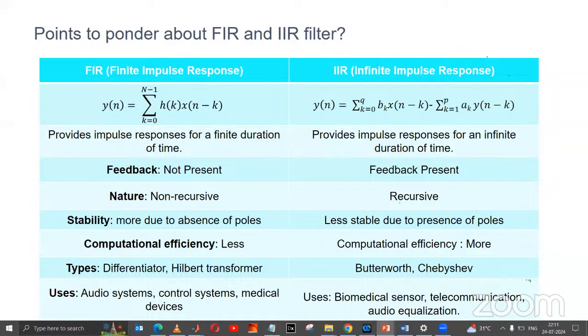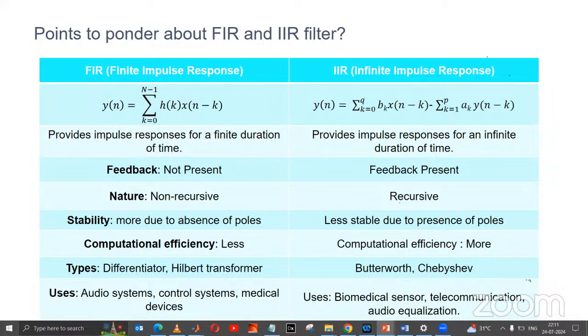While we are talking about the digital filter, the digital filter is basically divided into two parts. One is the finite impulse response filter, another is the infinite impulse response filter. In the case of the finite impulse response filter, the output depends only on the current and the previous input samples.